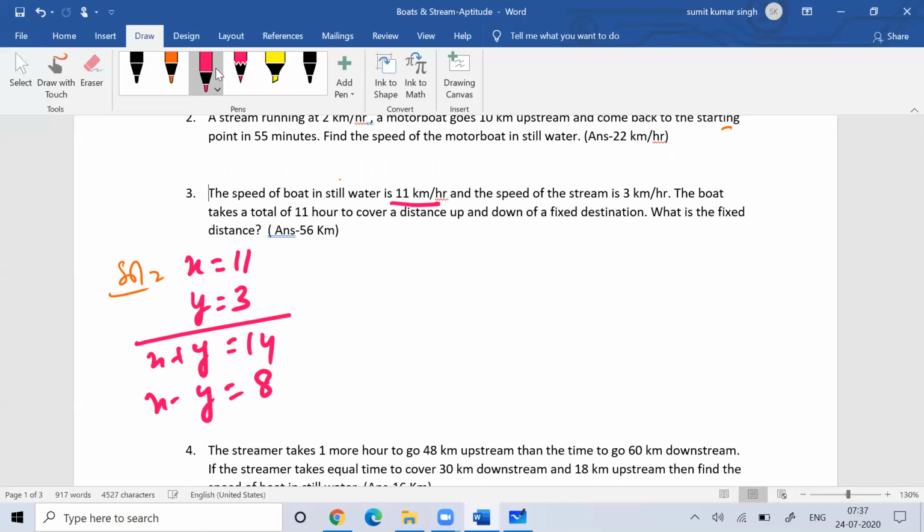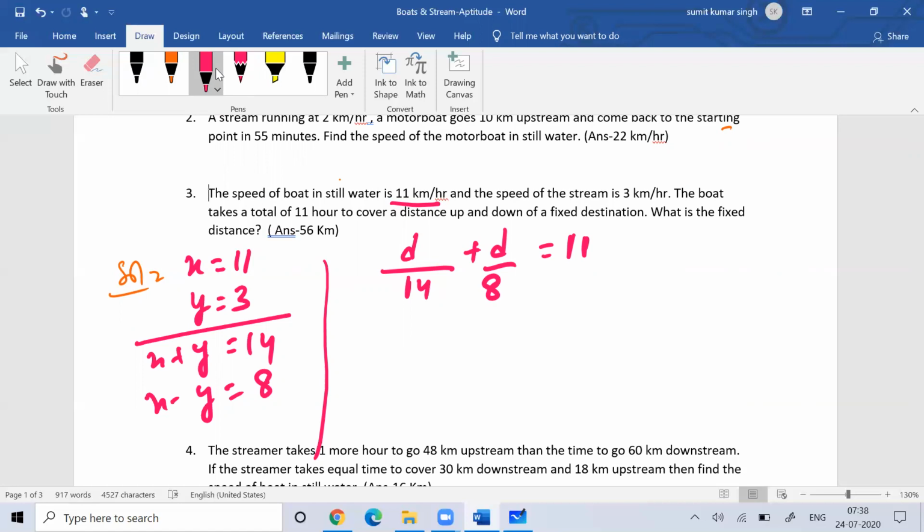The boat takes 11 hours to cover a certain distance up and down. So the time of downstream is d by 14, and the time of upstream is d by 8. The total time the boat takes is 11 hours. You have to find d.